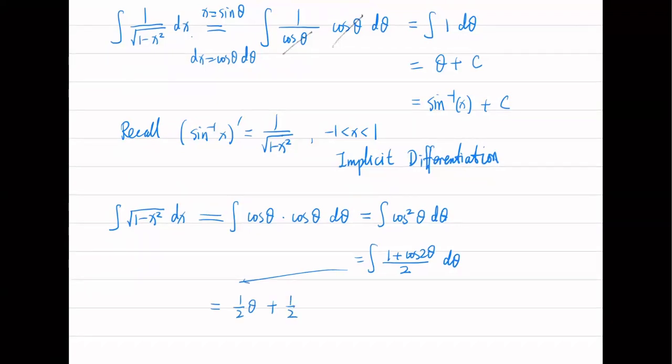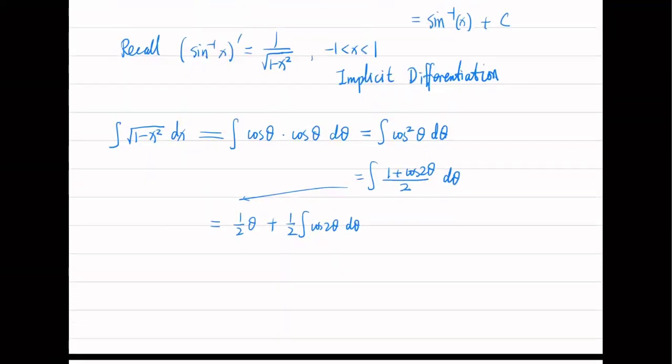What's the integral of cosine 2 theta? Think about it. If it's cosine theta, what's the integral?